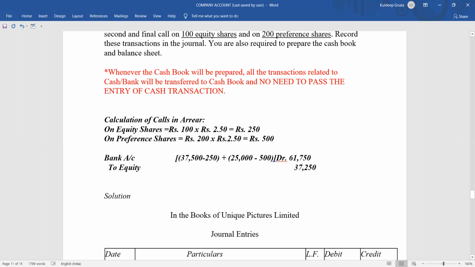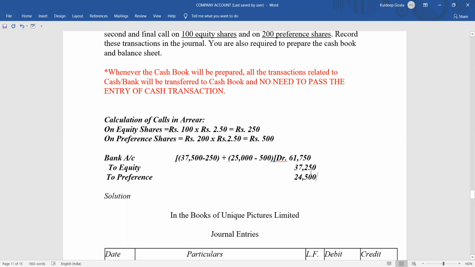And in case of preference, how much is it coming? It will be 25,000 minus 500, that is 24,500 rupees. Okay.